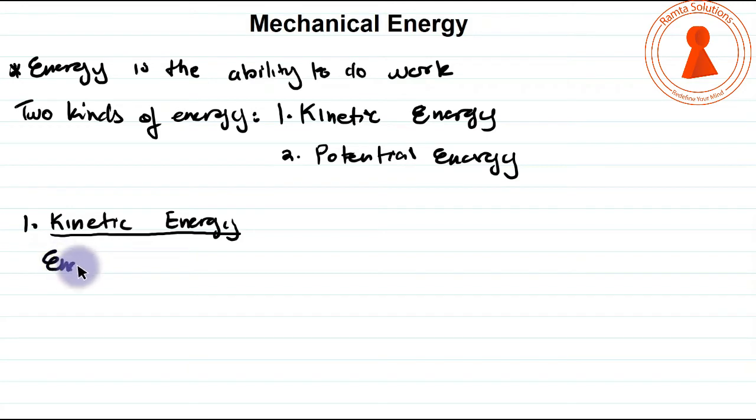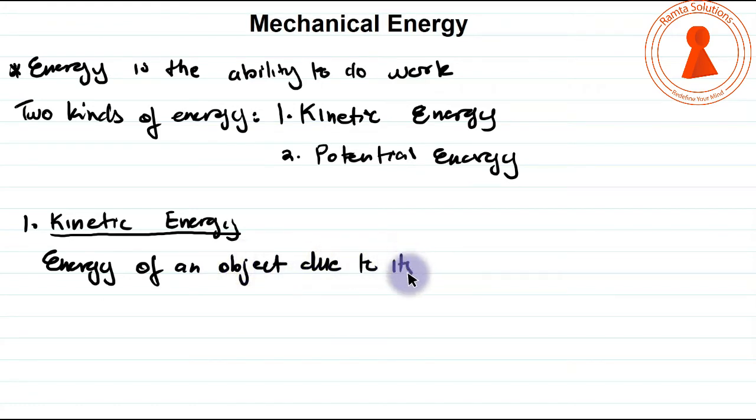Let me write it down so you may know it: energy of an object due to its motion. So we call it kinetic energy, and we will use the symbol EK.